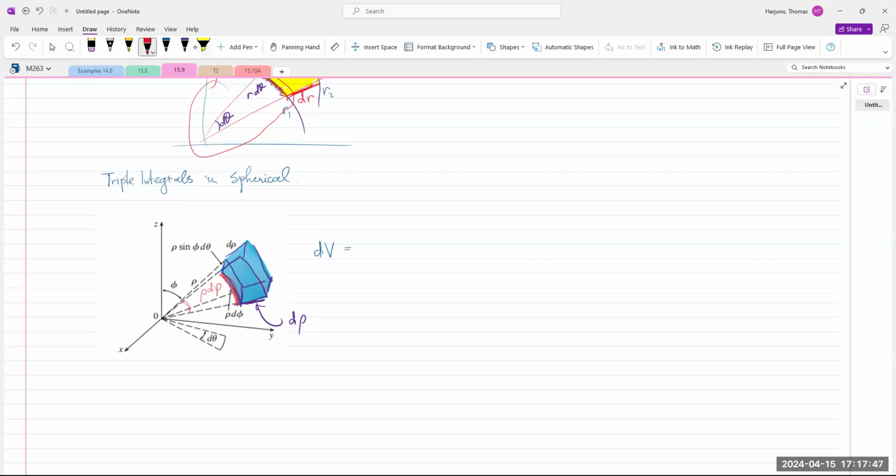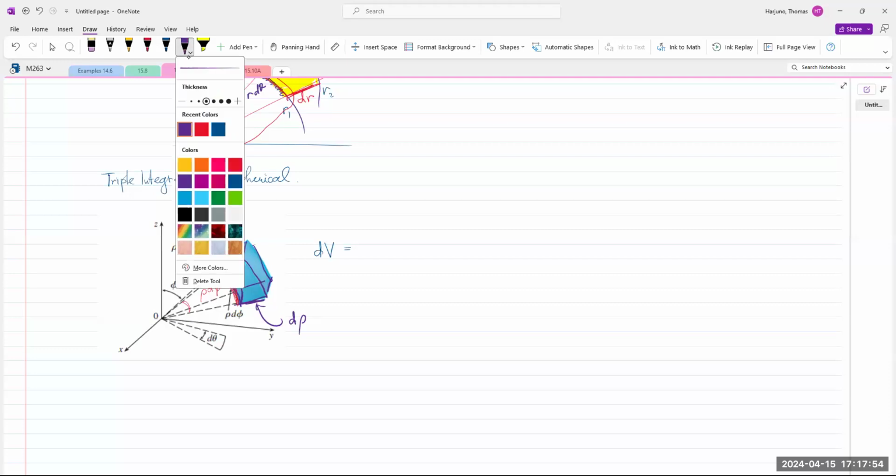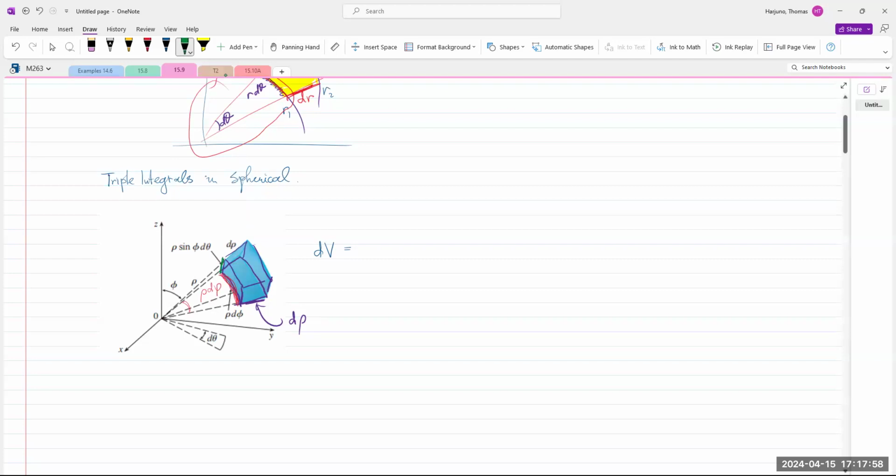Now the third part is the hardest to see. It's the length of this part here. Let me use a darker color. What is the length here? The length here is rho sine phi d theta. We have the shadow on the ground, and the lengths are exactly the same.